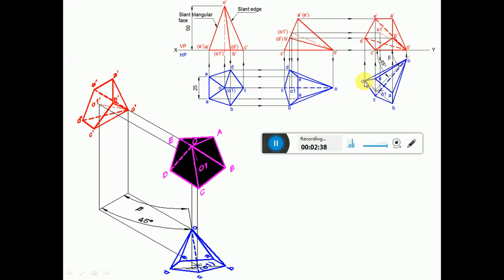Then draw a perpendicular line to the OO1 line. Then by using the compass you measure the distance from this point to B and also from this point to D. Both are going to have the same distance. With this as center, cut an arc on this side to get this B. Similarly on this side to get the point D.